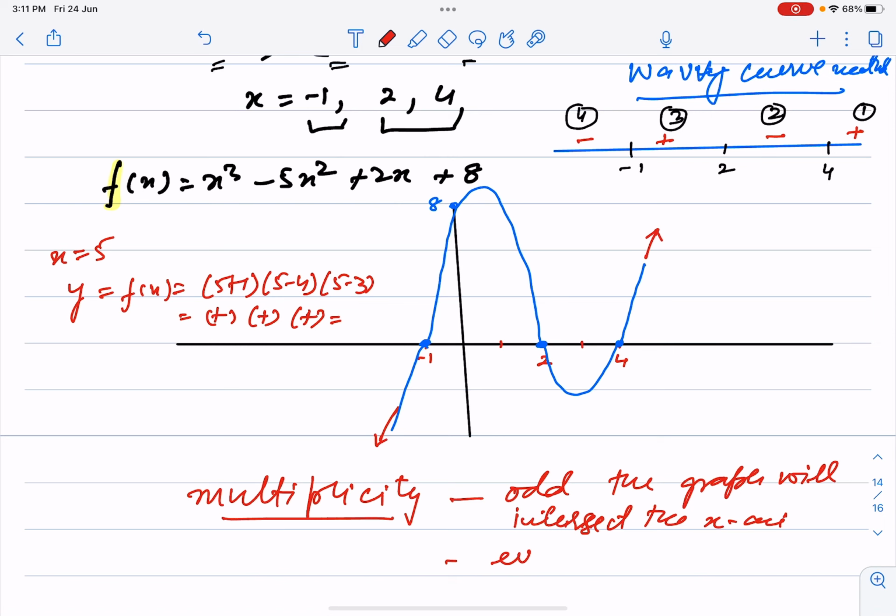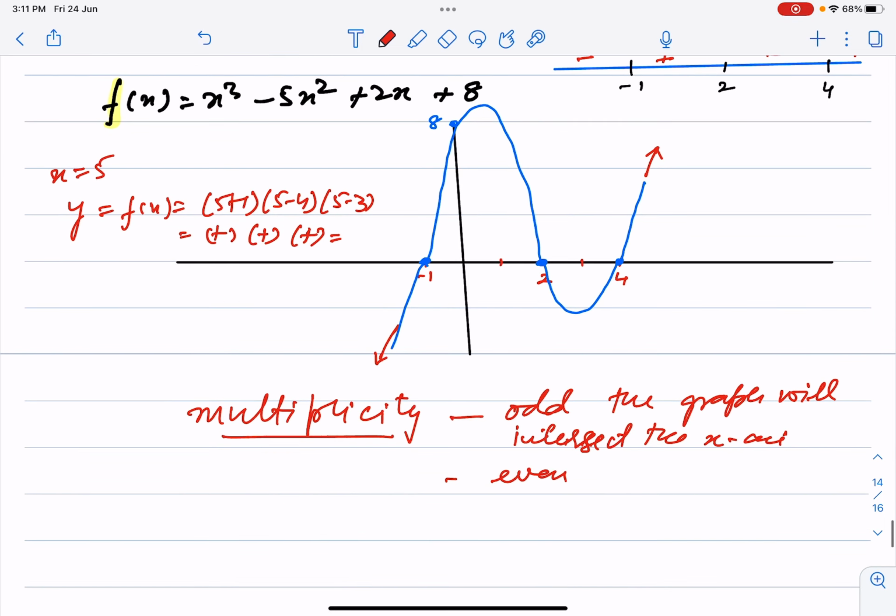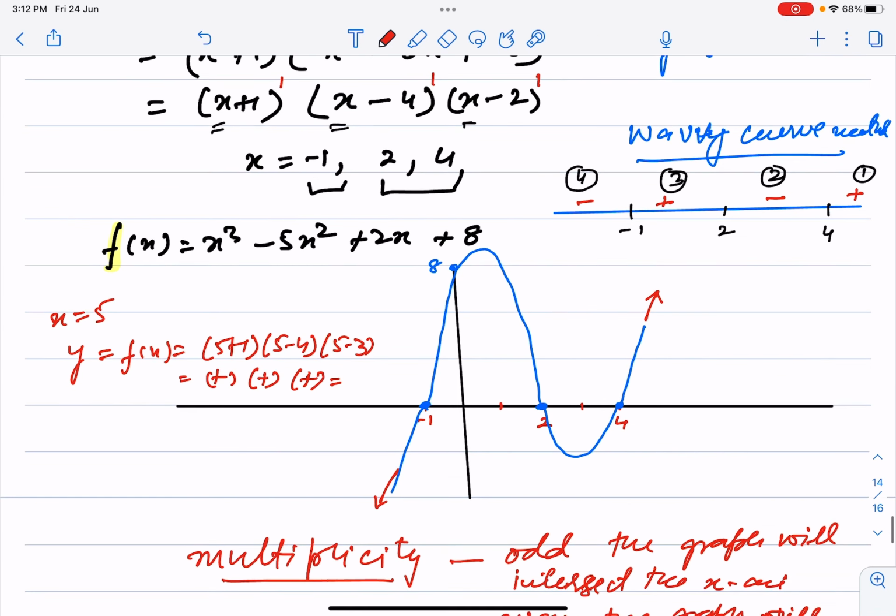And if the multiplicity is even, the graph will touch the x-axis. So now you can see I have written when the value of y is positive, when x is greater than 4.